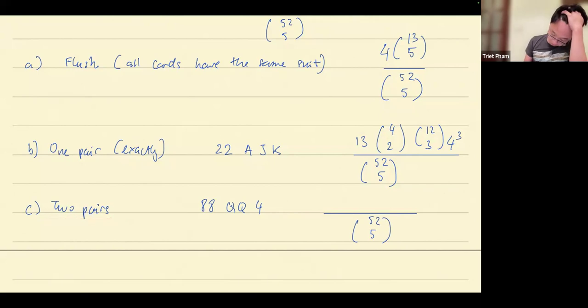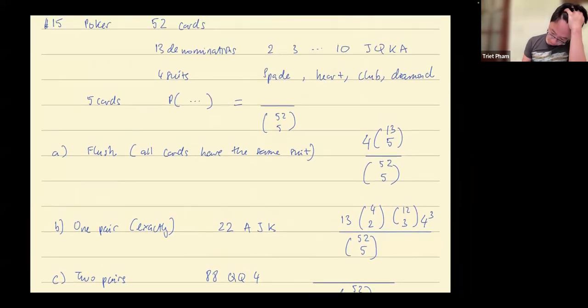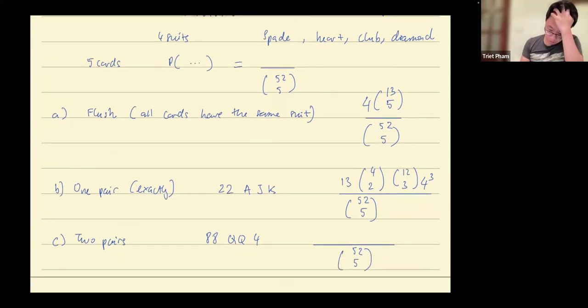So you want two pairs. What must you do first? Out of the 13 denominations, pick 2 to be your two pairs. Each of these 2 can be of any kind of suit, so that's 6 squared. Okay so far? That takes care of the two pairs.